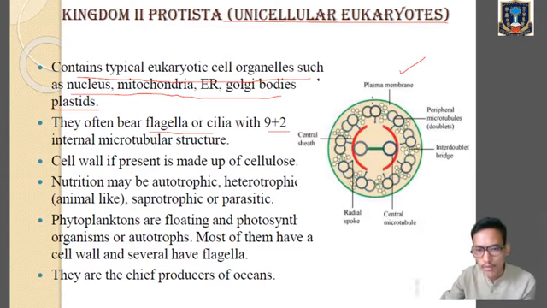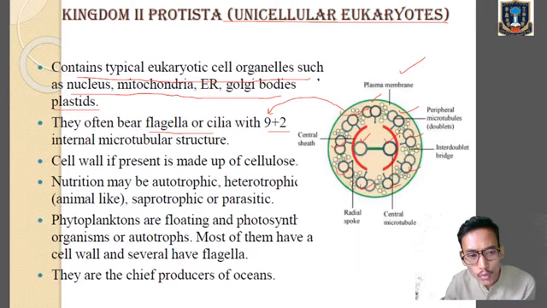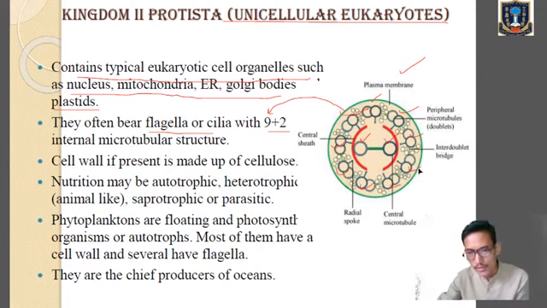So first of all, count over here: 1, 2, 3, 4, 5, 6, 7, 8, and 9. So outermost we will find 9 microtubular structures. Plus 2 means this inner one, 1 and 2. So 9 plus 2 arrangement of microtubular structures will be present in case of Protista if cilia or flagella are present for locomotion. Hope it is clear for you. So it's called 9 plus 2 arrangement. The 2 means the central microtubules. Clear?